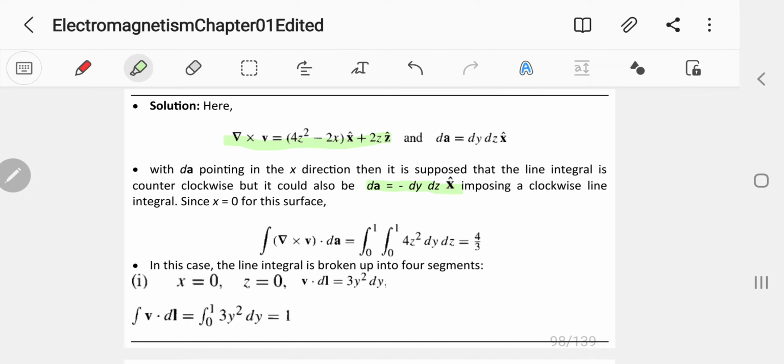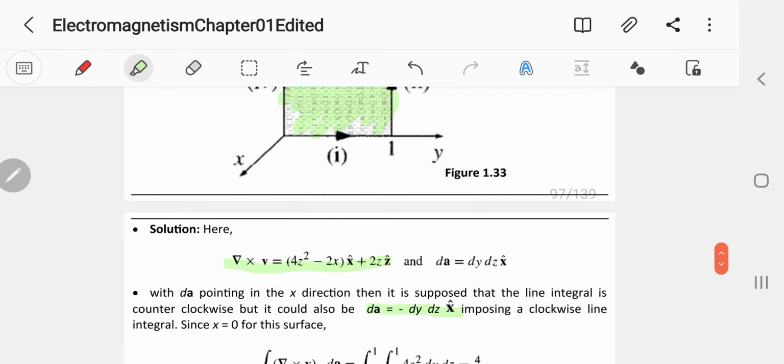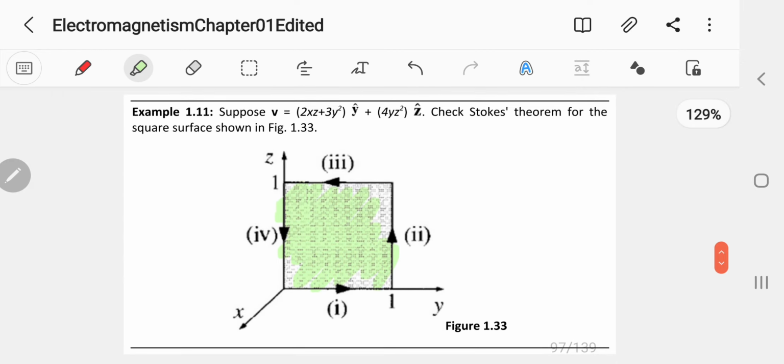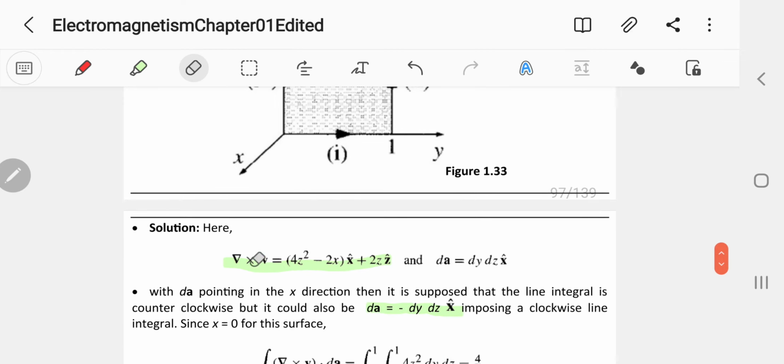So now we can do it like this. In that plane, your curl would be this one here, but you'll be dotting it with the dA, which is in the x hat direction, so you can only have this one.